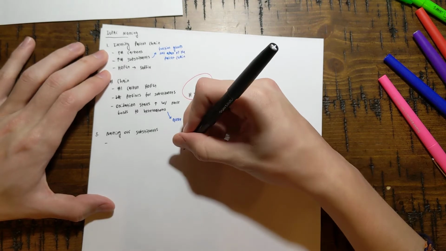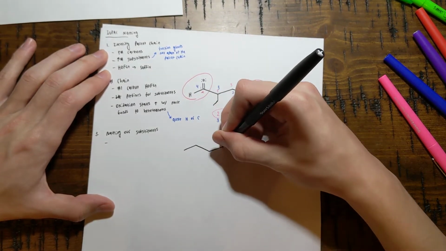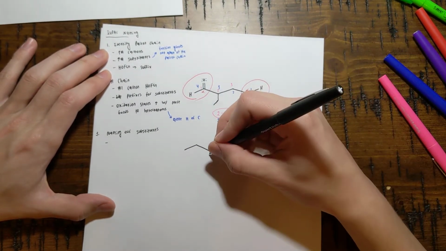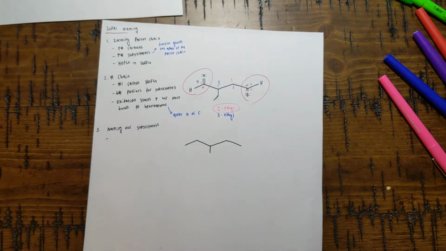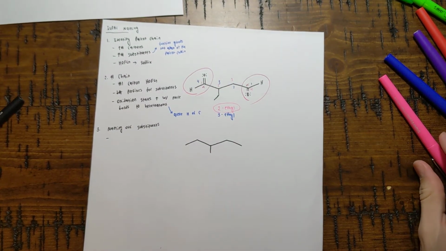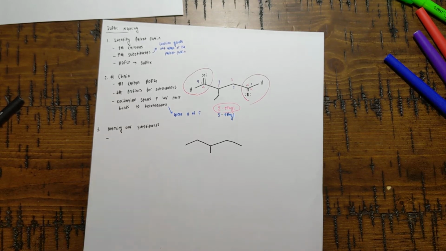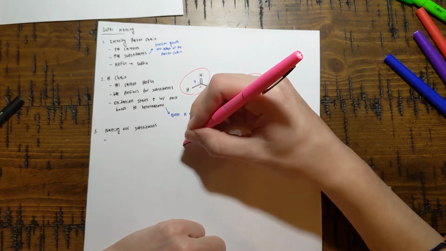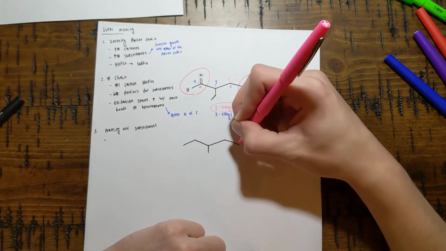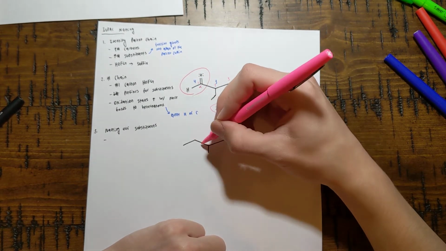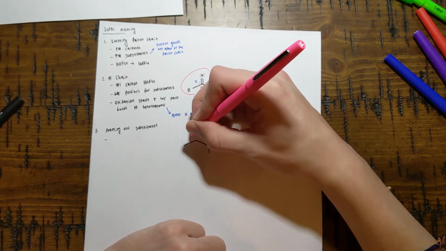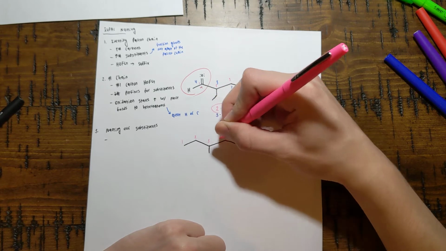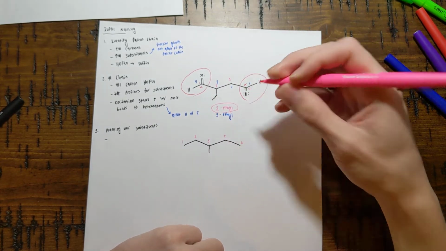So if I had something like this, for example, in order to identify my parent chain, I could do 1, 2, 3, 4, 5. Or I could do 1, 2, 3, 4, or 1, 2, 3, 4. Looks like 5 is probably going to be my best bet, right? Because that's the most amount of carbons.